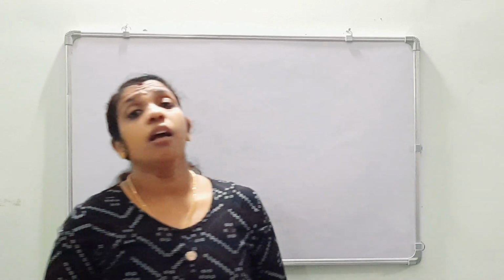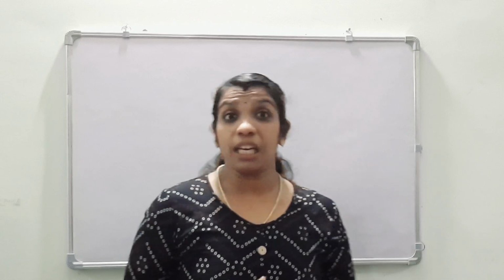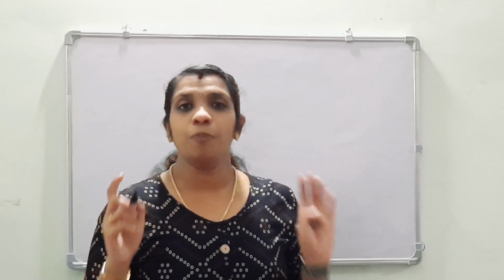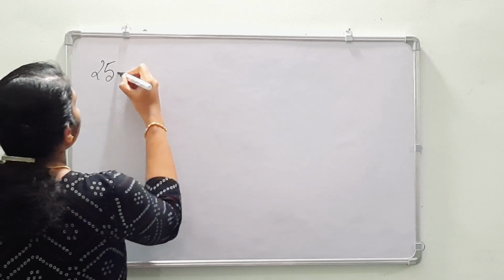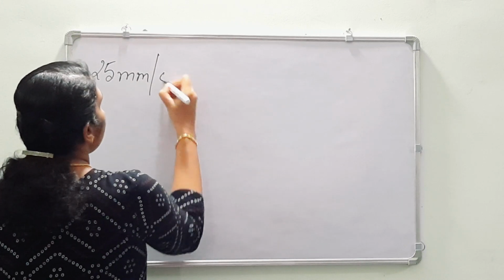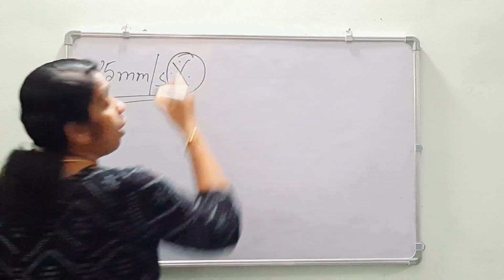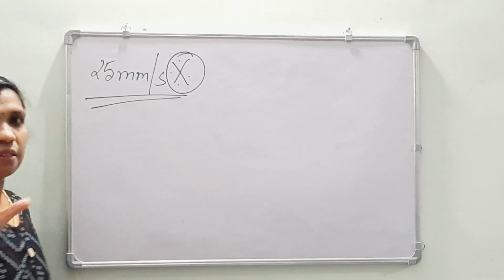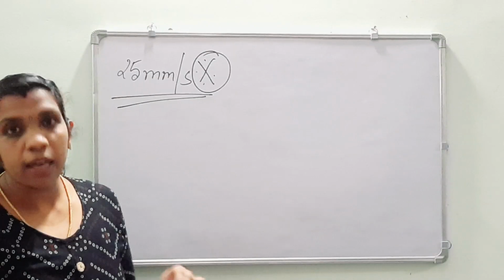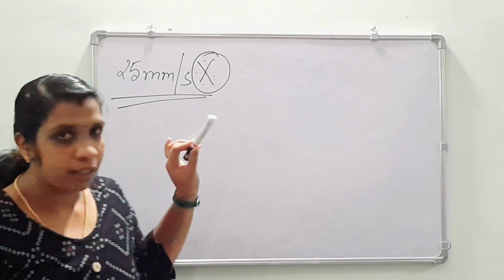In the ECG machine, the ECG paper runs at a speed of 25 millimeter per second, which is very important. Don't forget this. In the ECG machine, ECG paper runs at a speed of 25 millimeter per second.